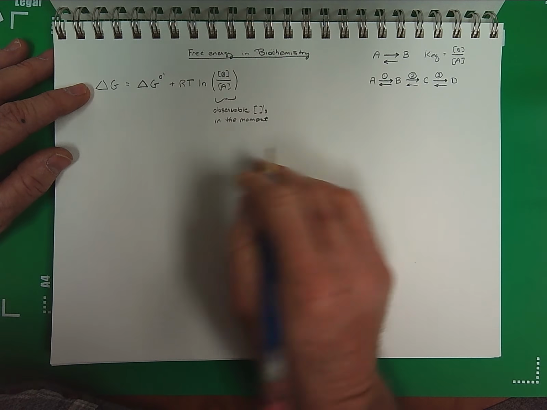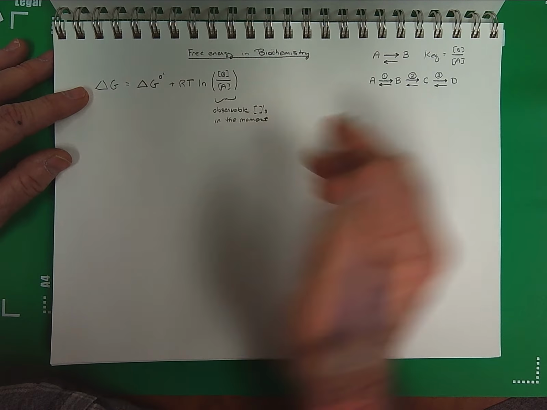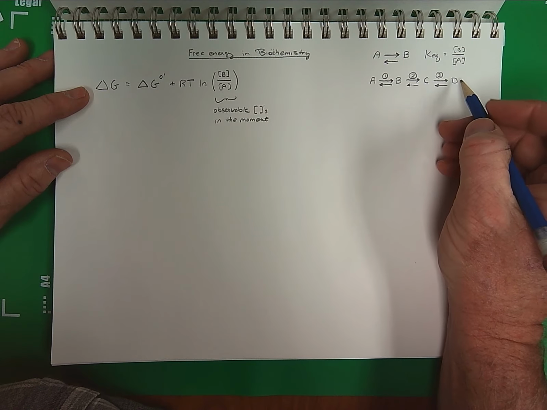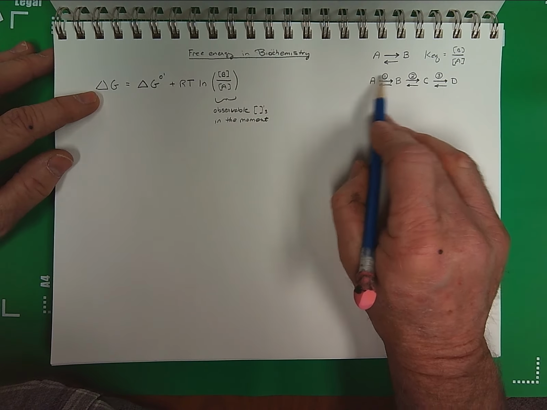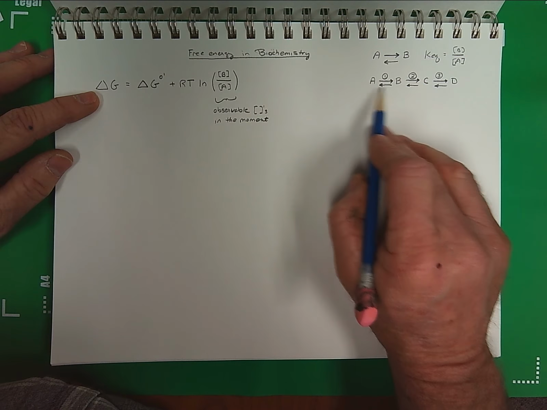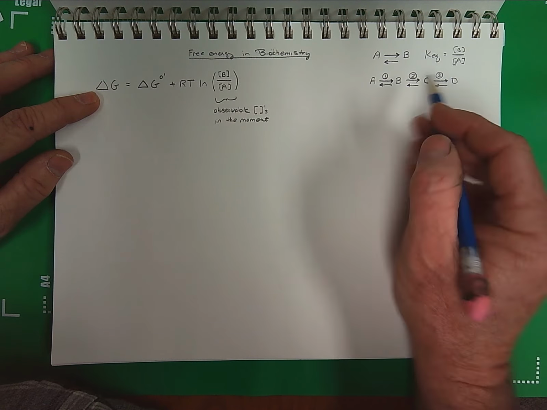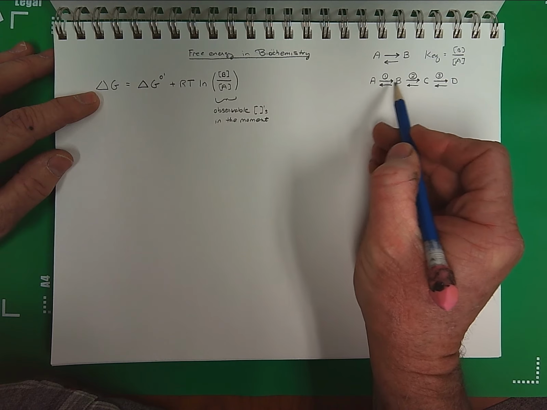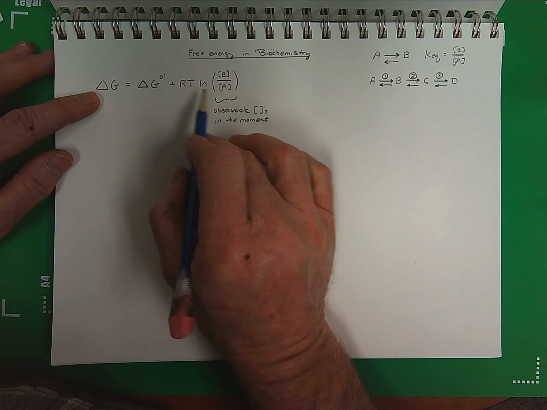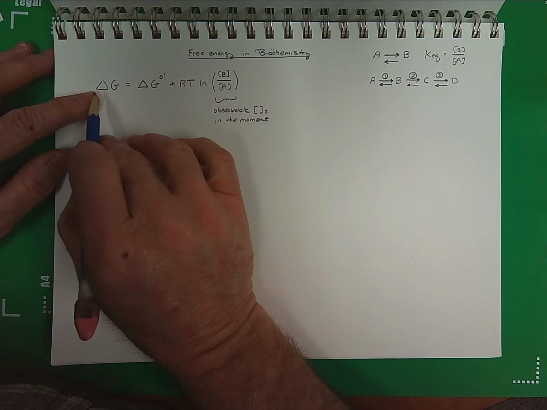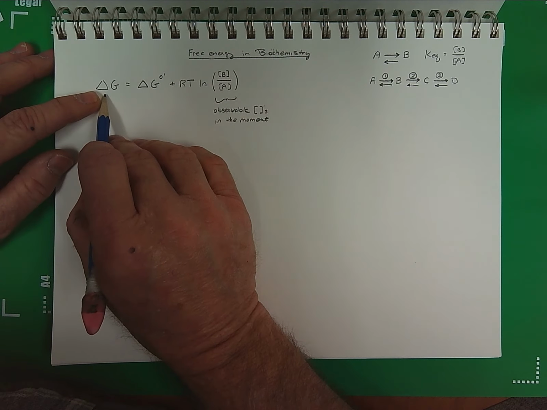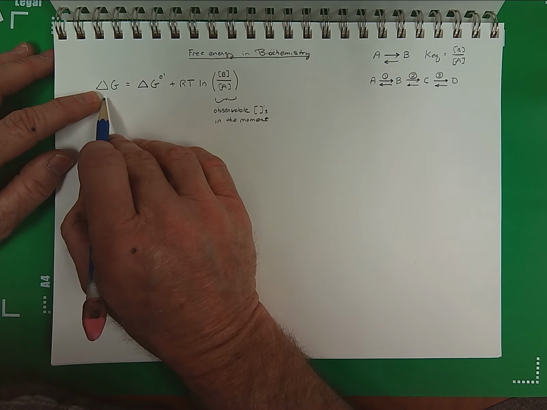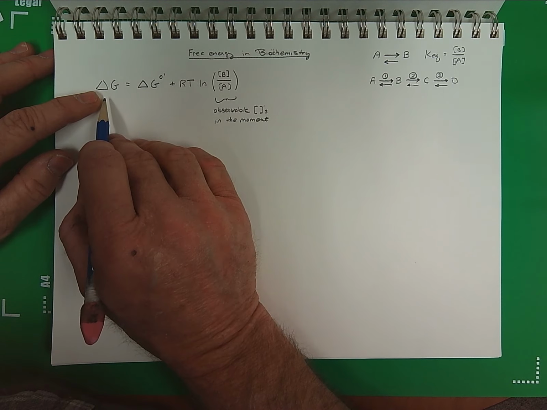That means that at any particular time in a biochemical sequence of reactions, if we want to determine the specific free energy change of a particular reaction in a sequence, we can measure these concentrations at that moment, put that into this equation, and determine if this delta G is going to be negative and move forward, or positive and move backwards.